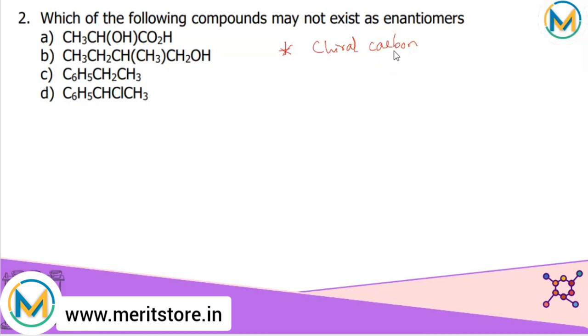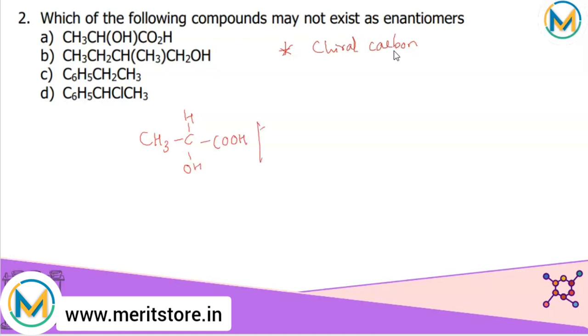Now, if you look here, that is CH3CHOH, then COOH. So if you look at this molecule, it has a mirror image. The chiral carbon is this one, CH3 attached with CH, OH and COOH.